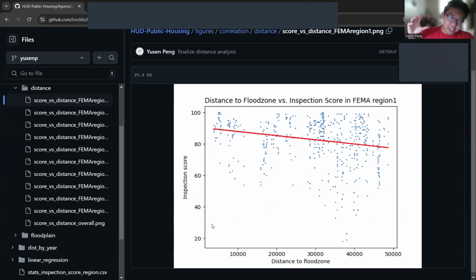But keep in mind, the distance to flood zone is not the single factor that can affect the public housing expression score. There are other factors that are also playing a role.